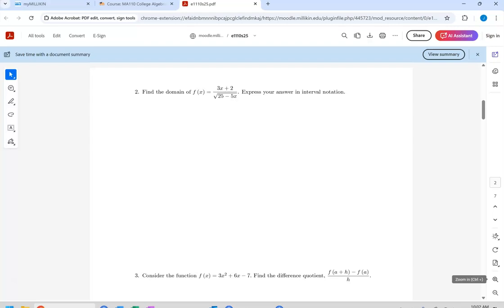So remember, we either went up and to the right or down and to the right, but it was always above the x-axis, right? We had that horizontal asymptote. Logarithms are inverses of exponentials, right? So if the range for the exponential is 0 to infinity, always above the x-axis, what's the domain for a logarithmic function?